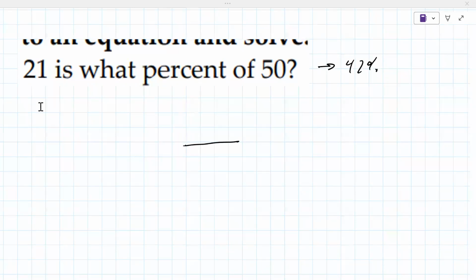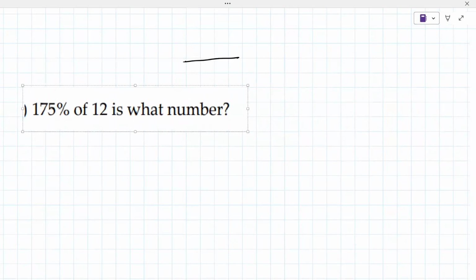Now the other type of problem you'll see here is, 175% of 12 is what number? Is the answer bigger or smaller is a way to think about it. 21.